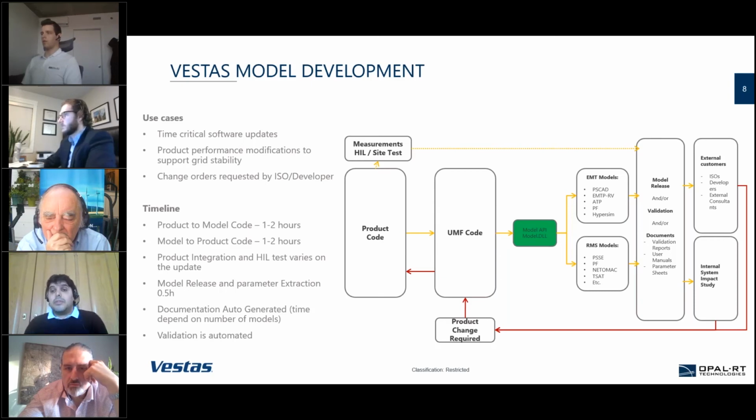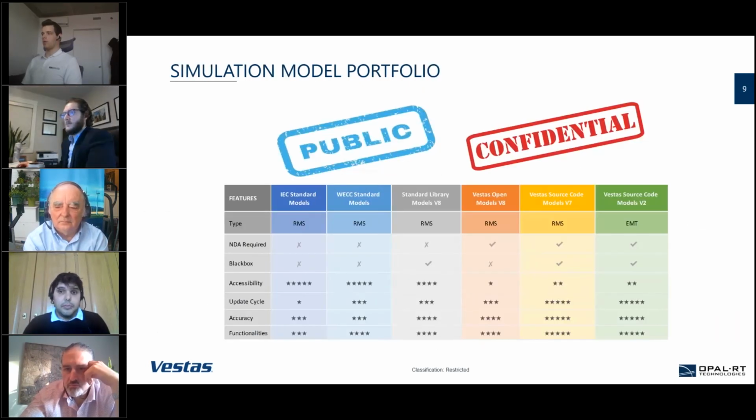So those are simplified, and then they are produced massively with the same DLL. So in Vestas, when we ship a model, regardless of whether it goes to the US or Australia, it will always go with the exact same DLL.